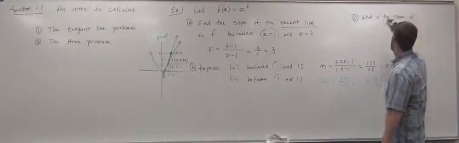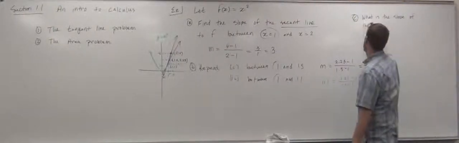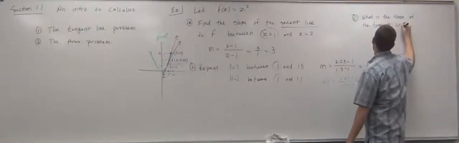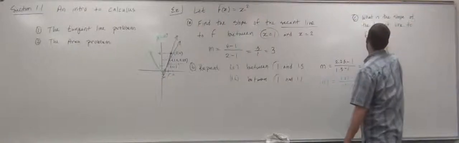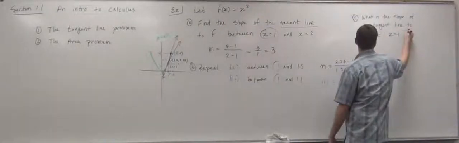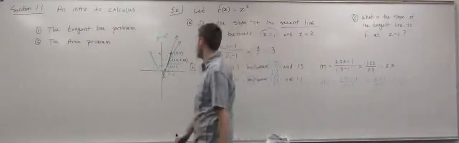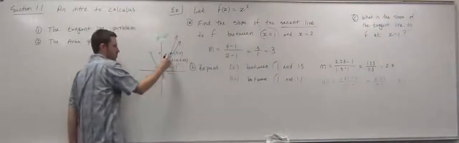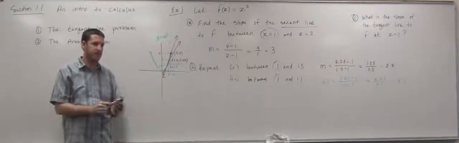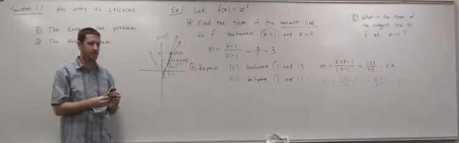This is called the tangent line to the graph at x equals 1. The tangent line doesn't go through two separate points, but only goes through that one point on the graph. It just kisses it right there.